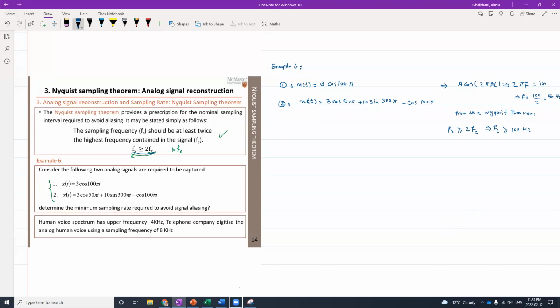So the frequency is 50 hertz, and the sampling frequency of the analog to digital converter must be at least 100 hertz to avoid signal aliasing. How about the second one? So this is for the first one. For the second one, you already have the Fc from here, you can tell.